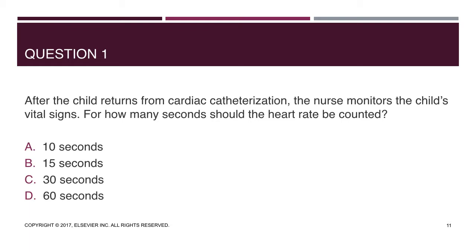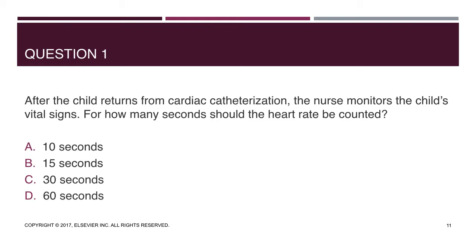So question number 1. After the child returns from cardiac catheterization, the nurse monitors the child's vital signs. For how many seconds should the heart rate be counted? 10, 15, 30, or 60? Well, whenever we think that there may be a cardiac defect, or a cardiac dysrhythmia or a cardiac problem, we always make sure that we listen for a full minute, whether this is an adult or whether this is a child.